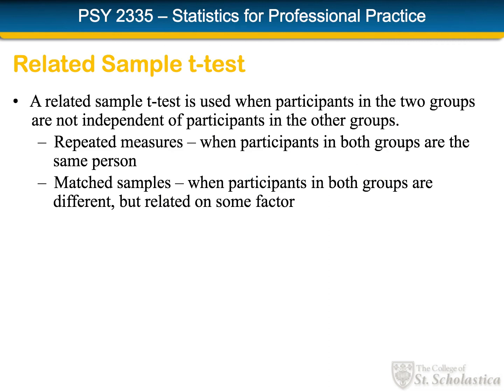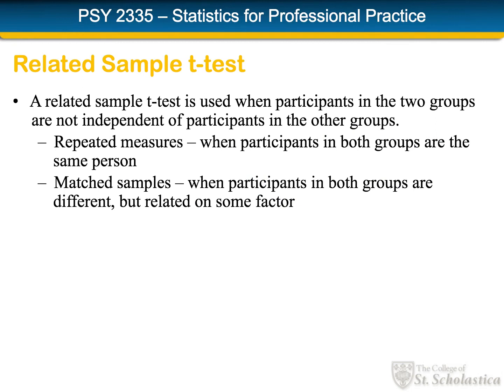The basic idea is that the variability between the two samples is going to be reduced either because we use the same exact people in both conditions, that's the repeated measures test, or else we've matched somebody in the treatment group with somebody in the control group on a variety of relevant factors, and so there's less difference between the two groups.